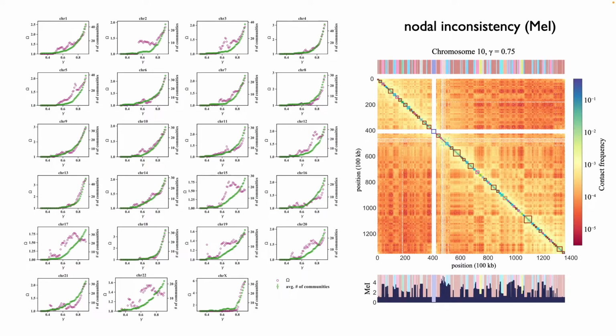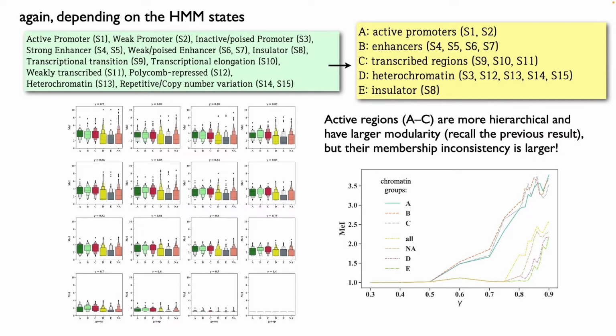And on the right, we can see the local or node-level inconsistency profile across, for example, chromosome 10 here. And again, depending on the chromatin states in terms of activity, we find that the active regions systematically have larger local inconsistency or less stable communities.